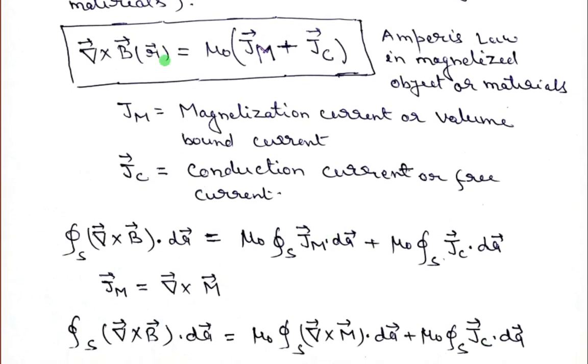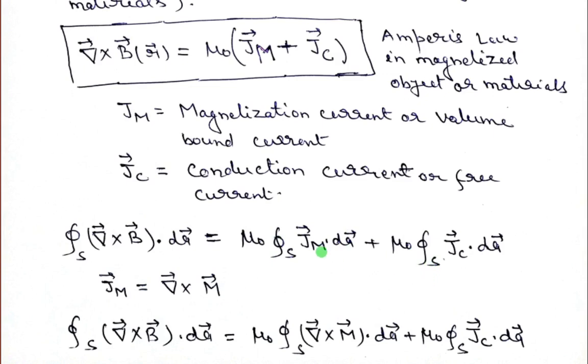Now if you take the surface integral of this del cross B, we can write the surface integral of del cross B dot dA is equal to mu 0 surface integral JM dot dA plus mu 0 surface integral JC dot dA. If you remember the definition of current density, these surface integrals are basically the currents, this one the bound current and this one the free current.